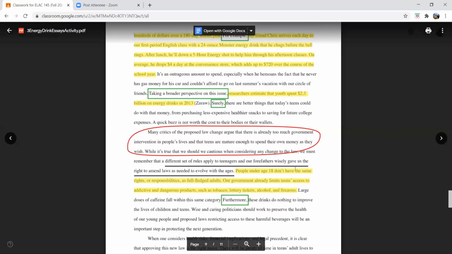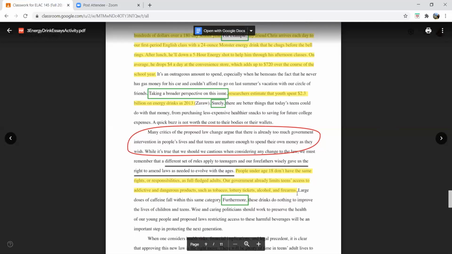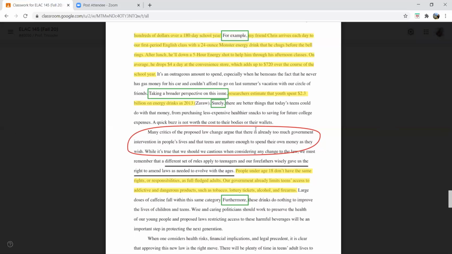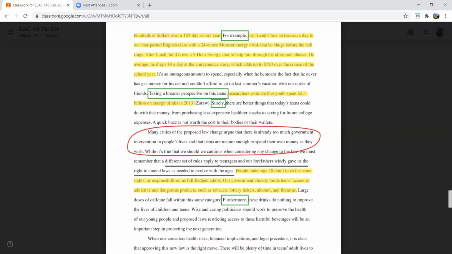Then I see another reason because it's underlined. What's the third reason? This third paragraph, I see a counterclaim up there. Third body paragraph, excuse me, I see a counterclaim up there. And then I see the reason and evidence. Let's take a look. Different set of rules apply to teenagers, and forefathers gave us wisely the right to amend laws as needed, evolve with the ages.